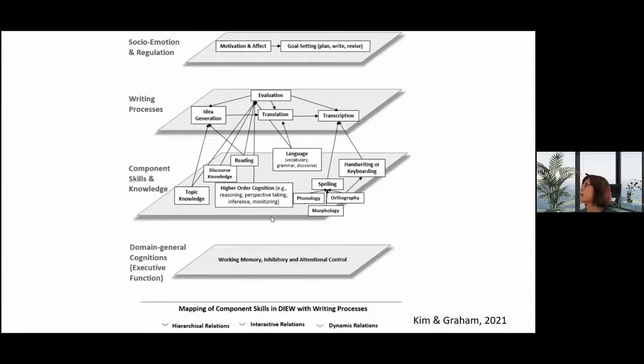And then when I translate these ideas into words, of course, my oral language skills matter. If I know a lot of vocabulary words, I will pick very precise vocabulary. So vocabulary and grammatical knowledge and others contribute to the translation process. For the transcription process, our spelling ability, handwriting, and keyboarding will contribute. For the evaluation, all these multiple pieces actually contribute.